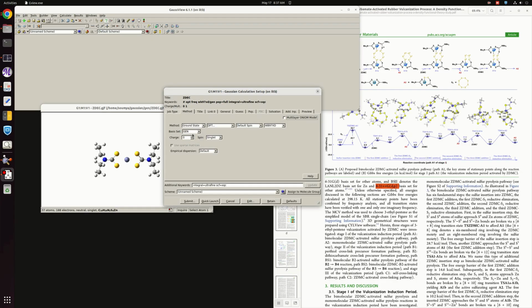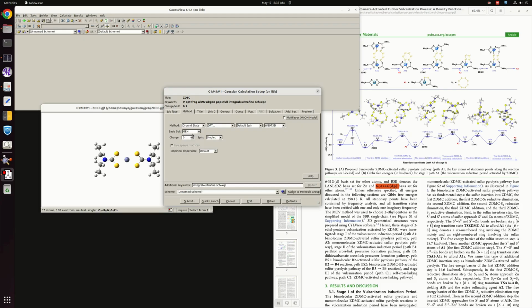So what does this basis set GEN mean? This GEN will use the total, all-electron system, meaning it will include the core electrons as well as the valence electrons. So GEN typically means the general basis set, and by that it will do an all-electron calculation.